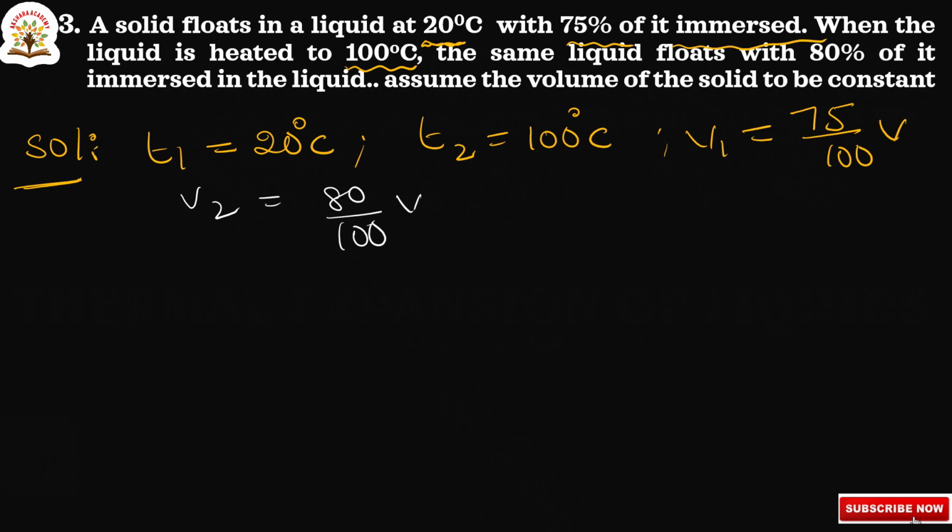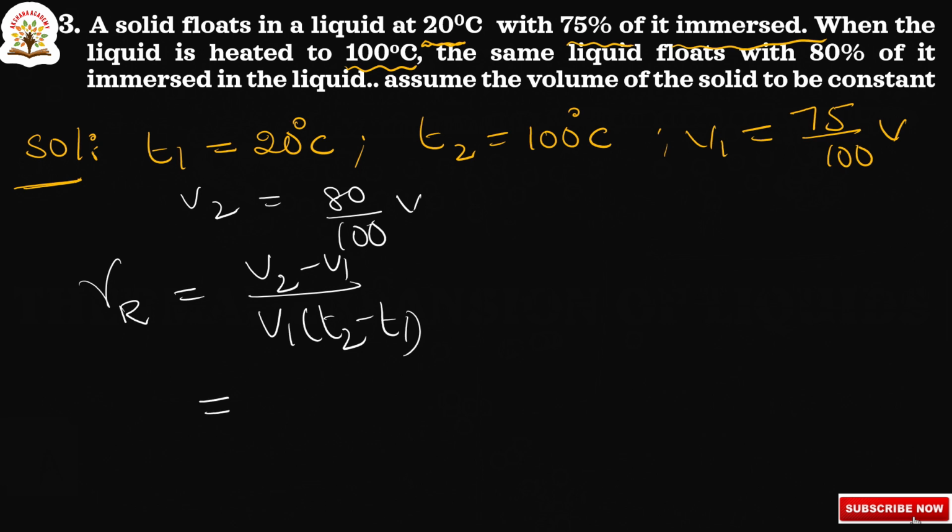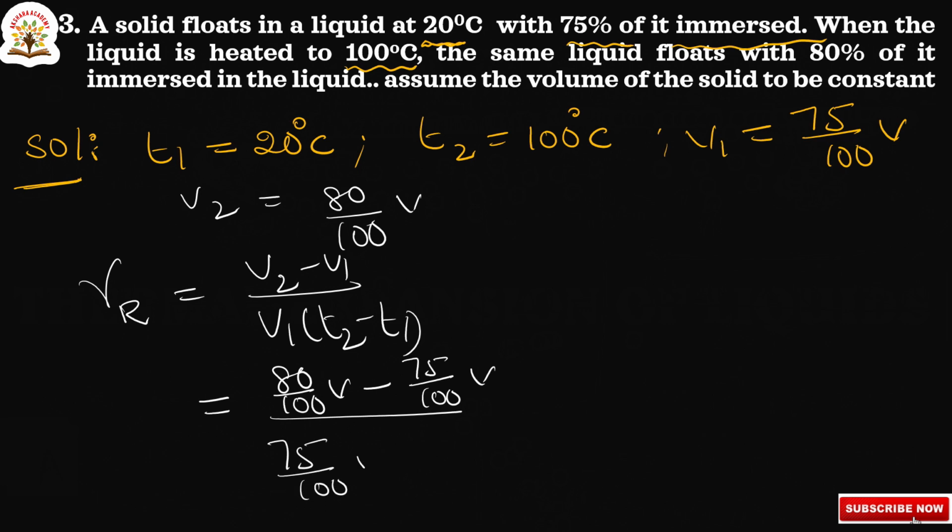Now gamma R is equal to V2 minus V1 by V1 of T2 minus T1. So that is equal to, here V1 is nothing but 75 by 100, V2 is nothing but 80 by 100. So substituting the V2 and V1 values, 80 by 100 V minus 75 by 100 into V, by 75 by 100 V of T2 minus T1, 100 minus 20.